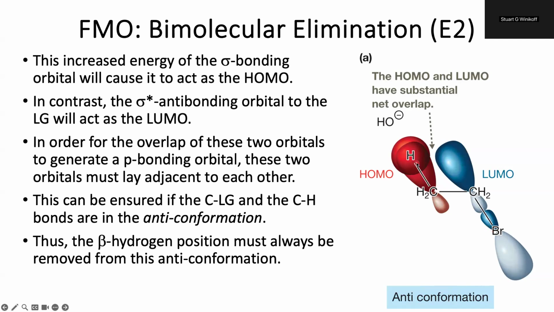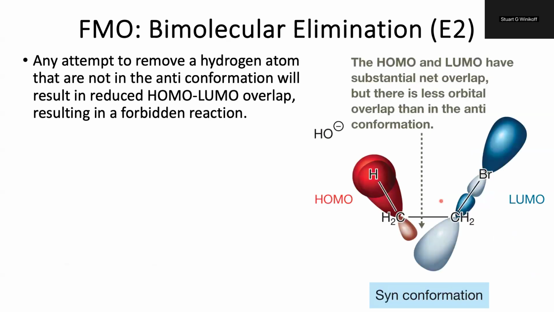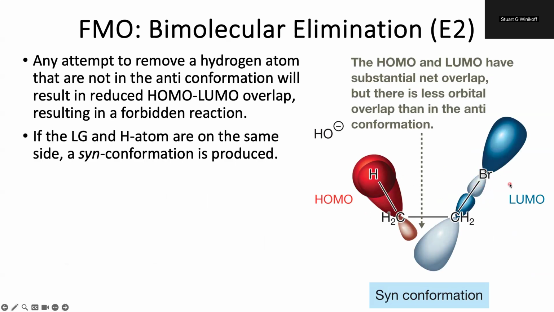Thus, whatever beta hydrogen position is being deprotonated in a bimolecular elimination should always be removed from that anti conformation. And if I try to remove that proton from any other position, such as the one on the same side, also known as the syn conformation, you're going to notice that our orbital overlap is much lower.